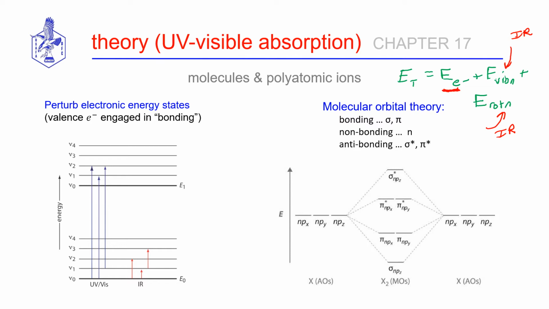At the left, you are looking at different electronic energy states for a molecule. Down here, this is the ground state for that species, the ground electronic state.